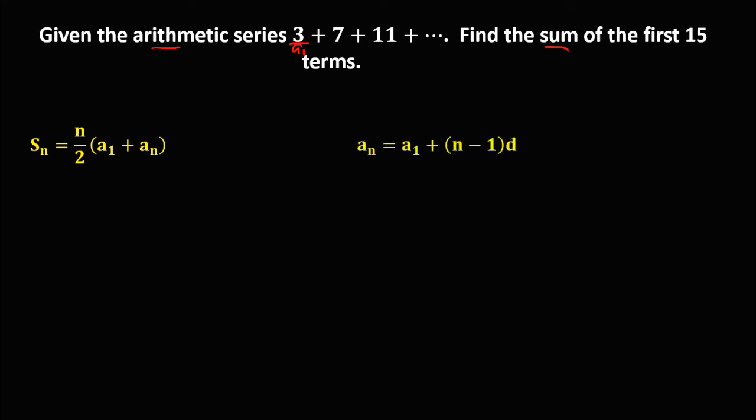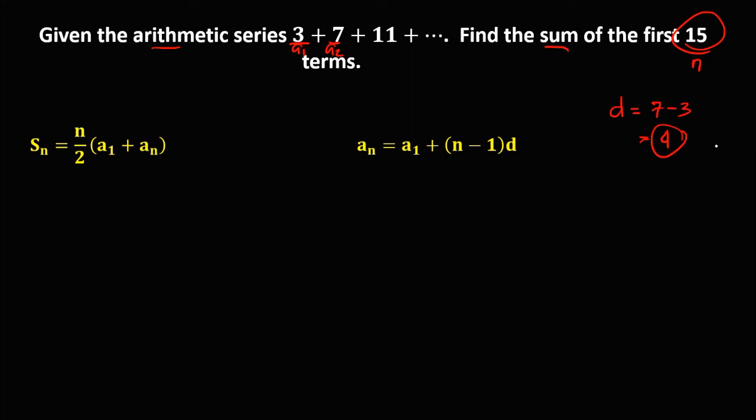Using this formula, since we have 15 terms, n is equal to 15. First, we need to find the common difference. This one is a sub 2, so we have 7 minus 3. So the common difference is positive 4.